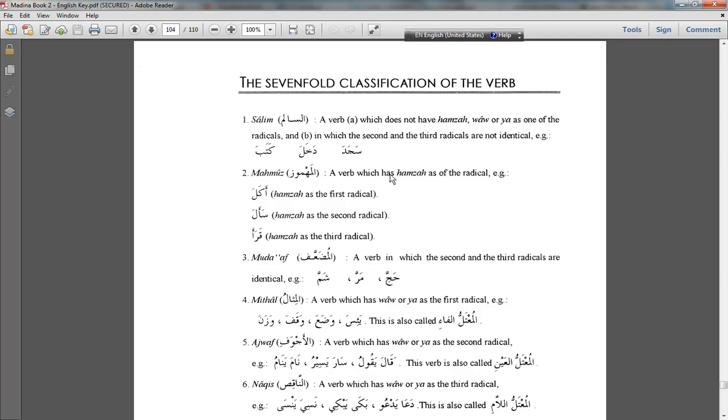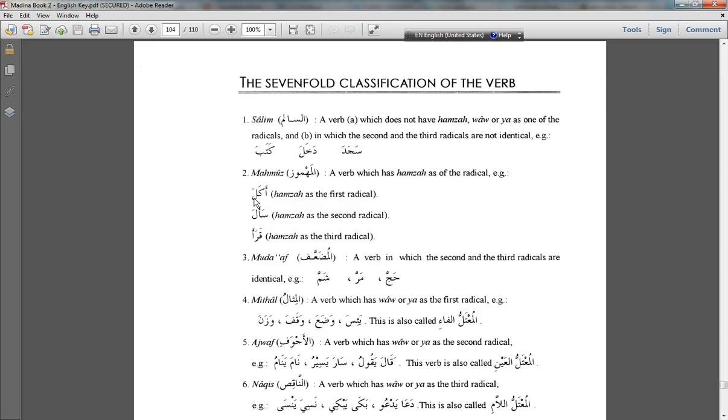Mahmuz is that verb which has hamza in any of the radicals. Akala, hamza as the first radical. And remember, when we say hamza, any alif which has a fatha, kasra or dhamma on it, that in fact is a hamza. Generally speaking, people from Pakistan or India don't regard an alif as a hamza, but the reality is that alif is only an alif when it's empty, and if it has any haraka on it, then it is a hamza.